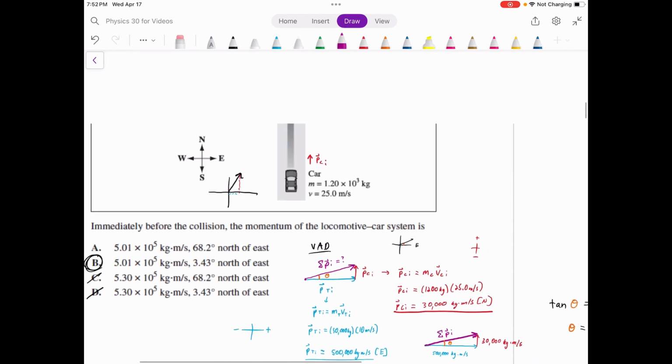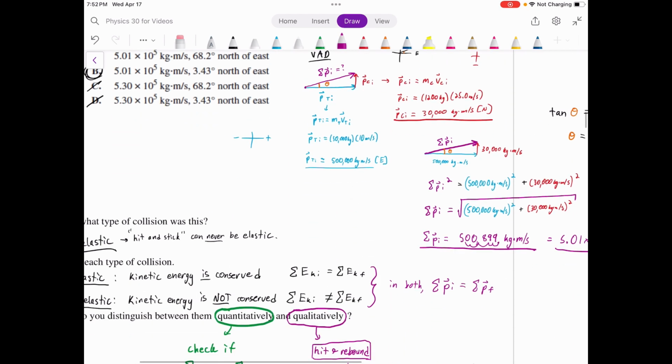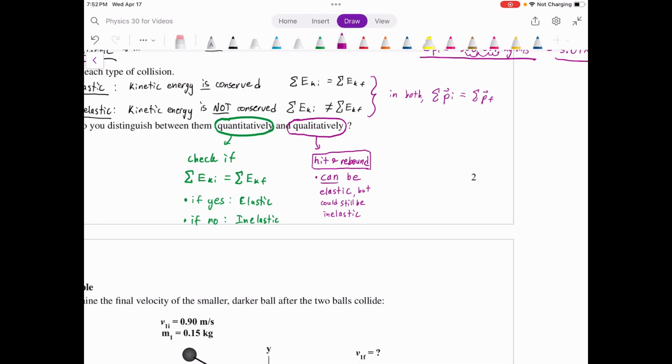If these two had bounced off of each other, there probably still would have realistically been heat developed. So in that case, we still must check if the total initial kinetic energy equals the total final kinetic energy. There's just a chance that they could be equal for a hit and rebound.